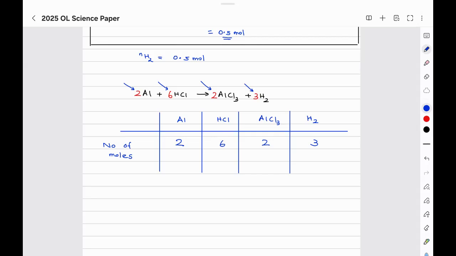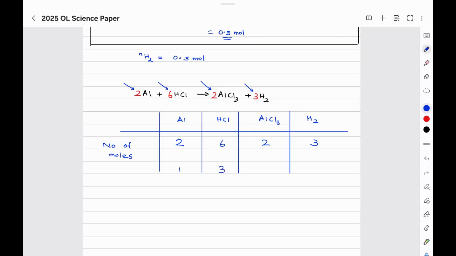Now just imagine I have used 1 mole of aluminium. Then depending on the proportionality, tell me how much HCl should react. If 2 aluminium is reacting with 6 HCl, 1 aluminium is reacting with how much HCl? 3. Simple.